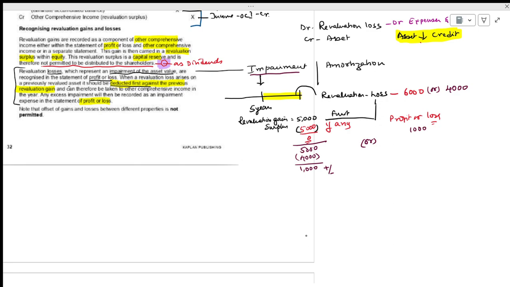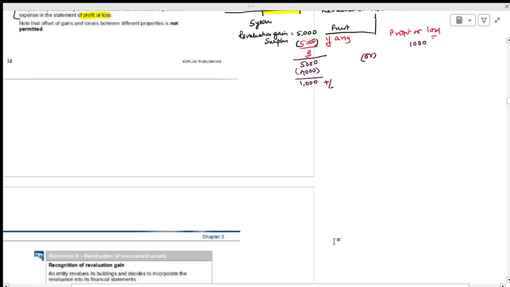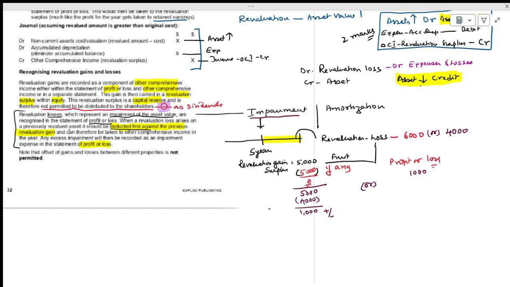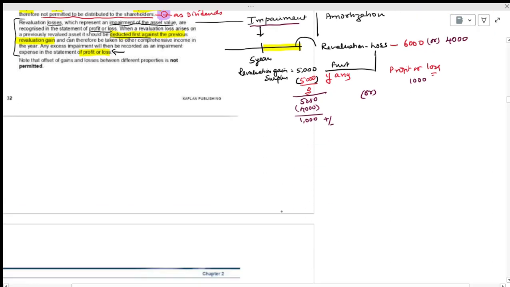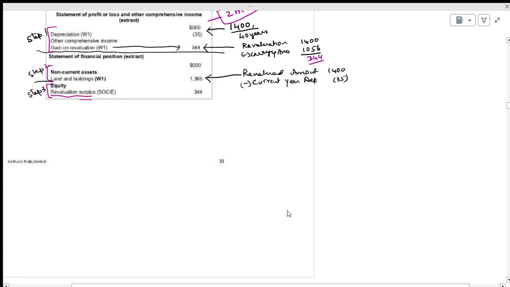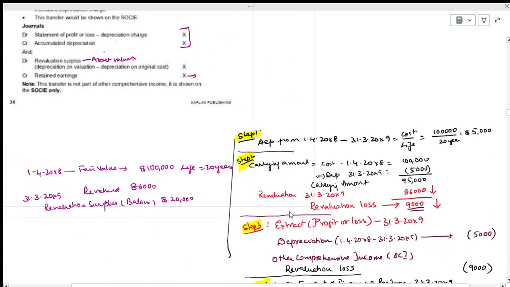Where do we show impairment expense? In the profit and loss account. We don't have surplus. When there is no surplus, we have to show it in the profit and loss account.